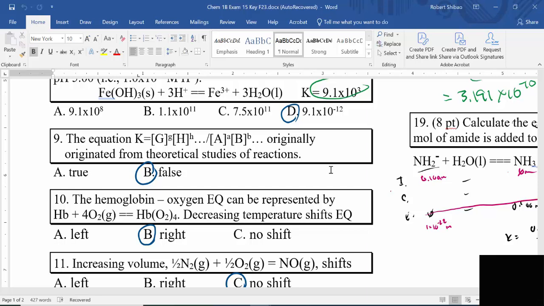Where did this law come from? Typically laws can come either from observation, those are called empirical laws, or theoretical studies, and those are theoretical laws. Where did this one come from? Observation, so this would be false.